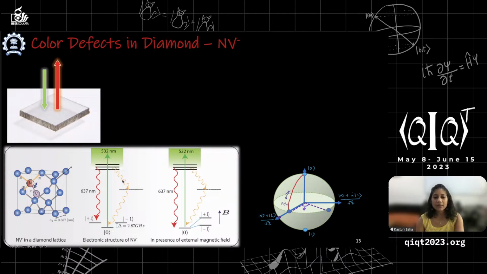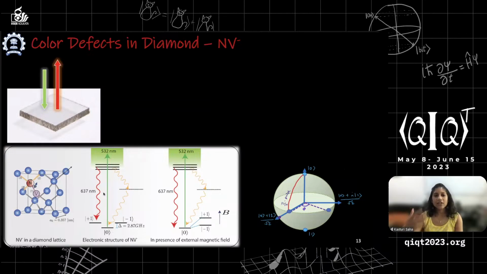Now, the interesting part about NV centers is that it is a room temperature qubit. It can be excited with a green laser, which is off resonant. So you can excite the NV center from its ground state to the excited state. And then as it decays down from the excited state, the zero phonon line is actually at 637 nanometers, and that's red color.